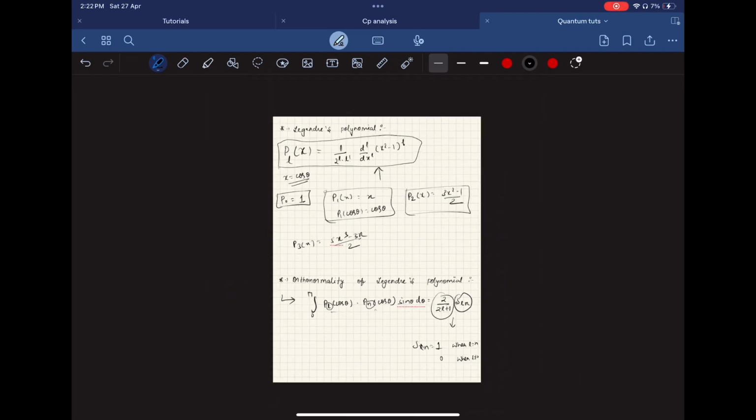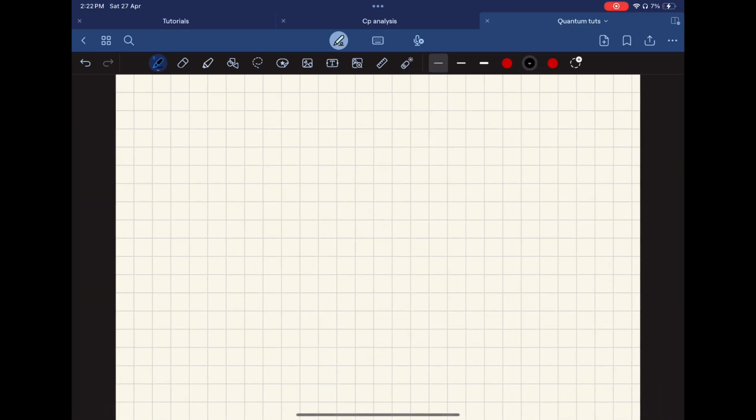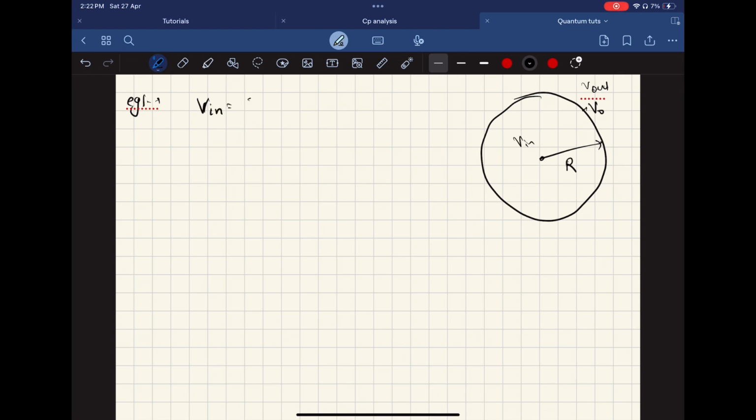Now let's see an example so that you can understand better. Suppose we are given a spherical shell of radius R, and the potential at its surface is V0. We have to calculate V inside and V outside. So V inside equals the summation over L from 0 to infinity of (A_L r to the power L plus B_L over r to the power L plus 1) times P_L(cos theta).